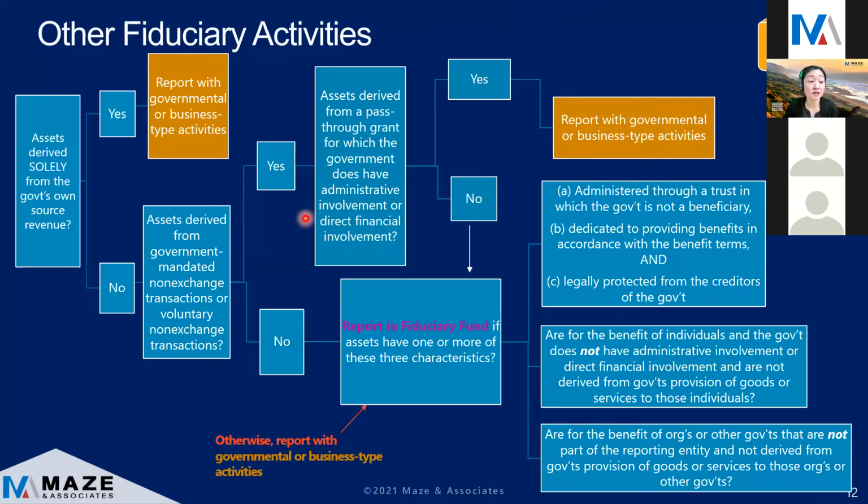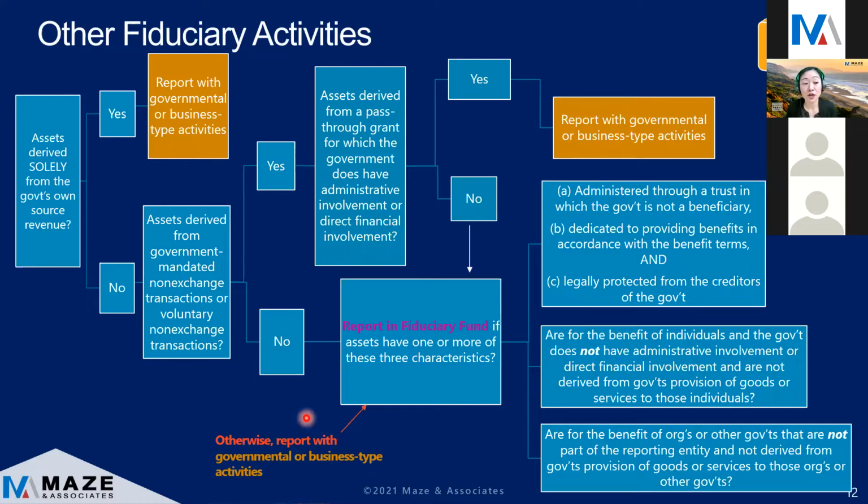If it is a no, you come here and you report the activities in the fiduciary funds if one or more of these characteristics match your situation. If not, you report them with the governmental or business-type activities.